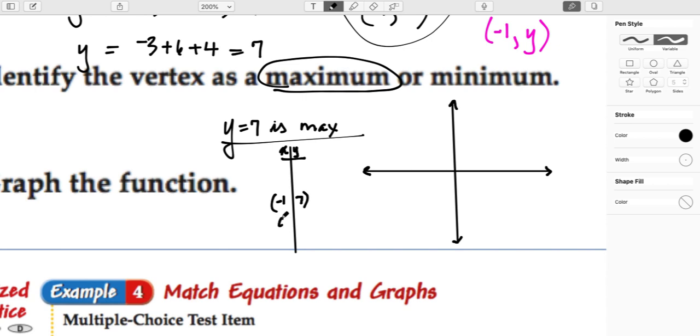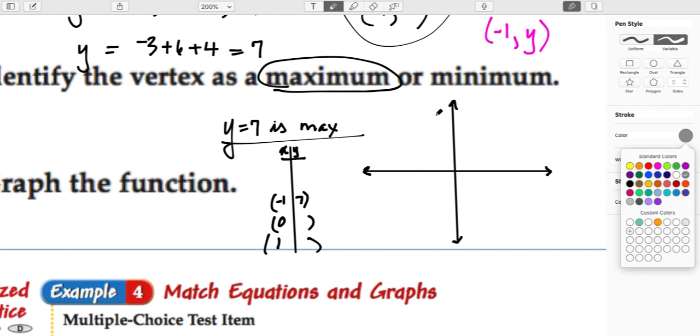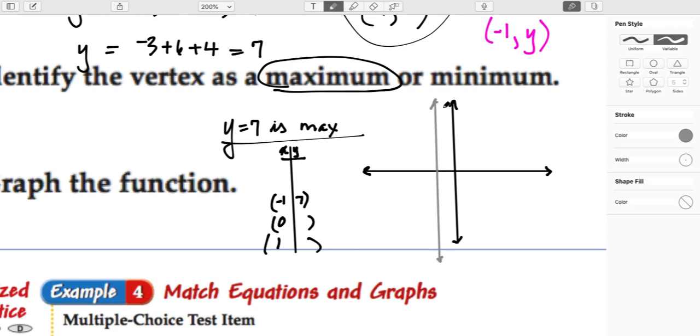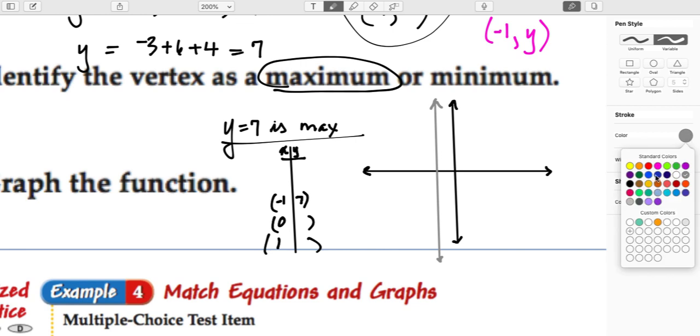So watch this. I'm going to get 0, figure out what that point is, 0 and something, and then 1 and something else. If I can get these points, I think I'm going to be good to go, and I'm going to show you why. We remember that the axis of symmetry is at x equals -1, right? Let's go ahead and draw that in there. And we remember that the vertex is up at -1, 7.